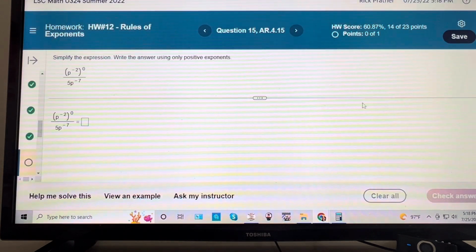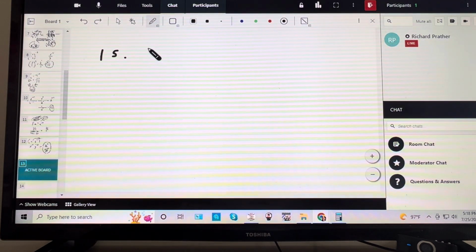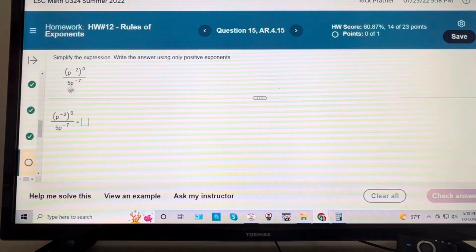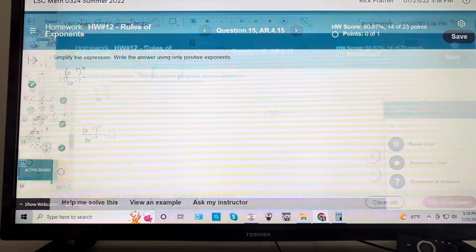Okay, 15 has p to the -2 to the 0 power over 5p to the negative 7 without a parenthesis.